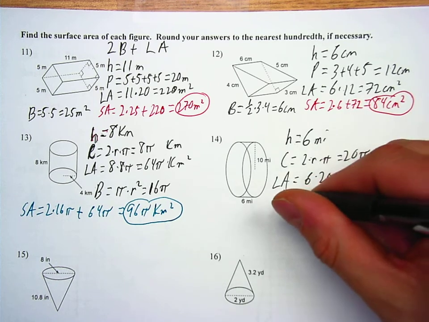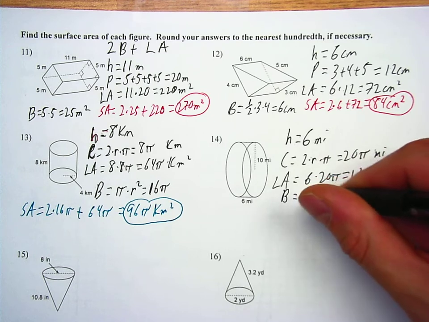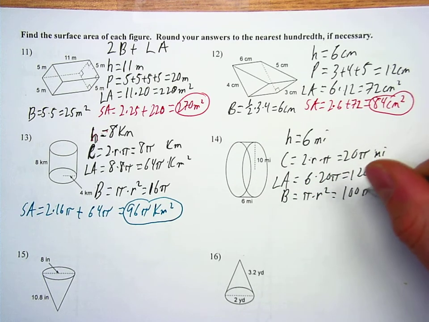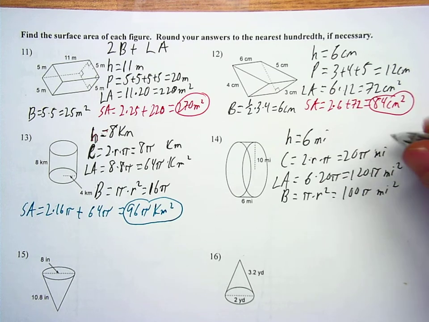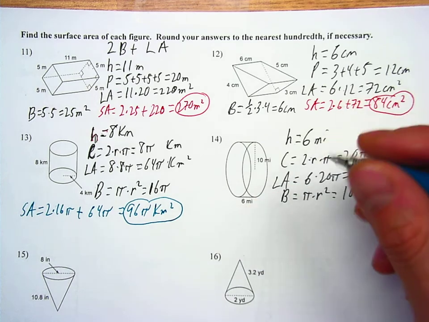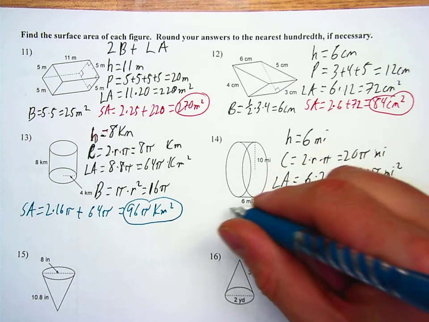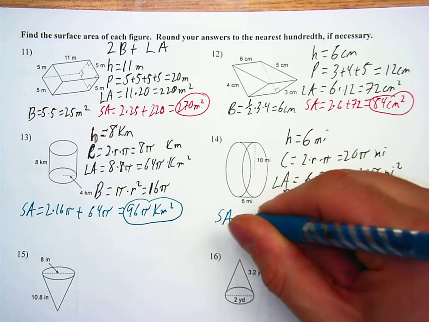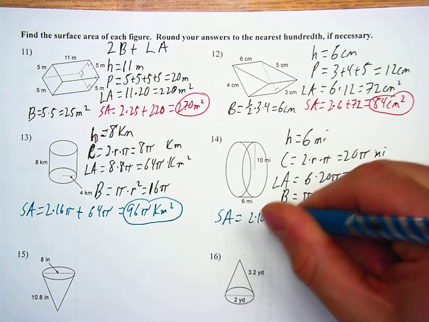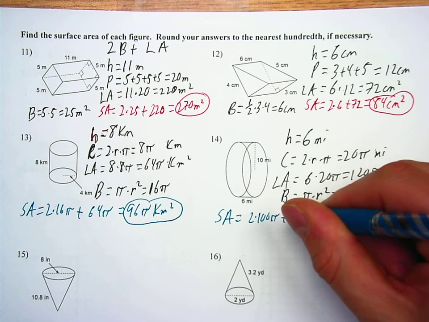The area of the base, pi times r squared, or 100 pi square miles. And again, surface area is equal to 2 times the area of the base plus the lateral area. So surface area is equal to 2 times 100 pi plus 120 pi.